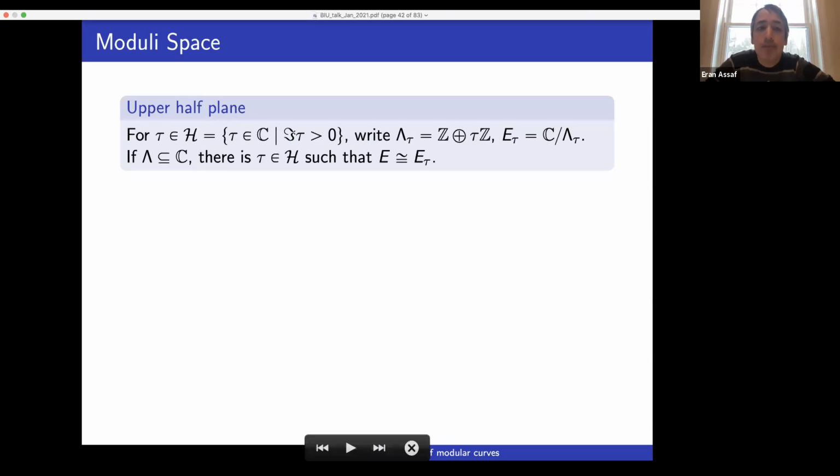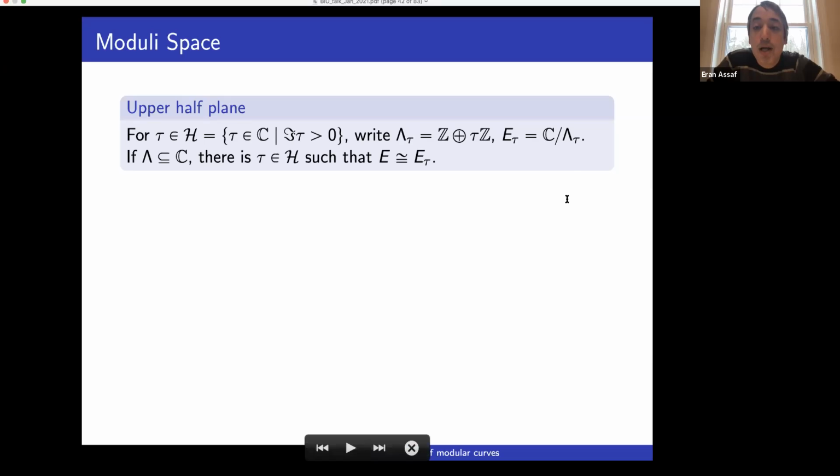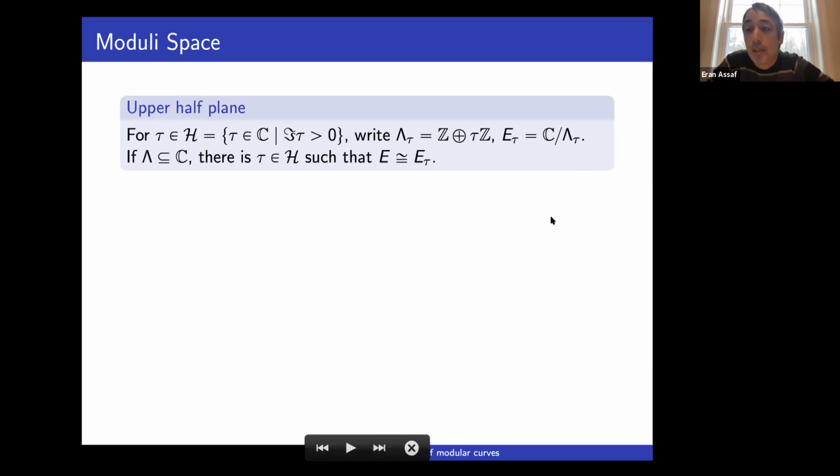So we start by looking at the upper half plane: all the points in the complex plane which have positive imaginary part. For each such point, we can associate a lattice, the lattice built by Z plus tau Z. And this lattice gives us an elliptic curve by quotienting by that lattice.